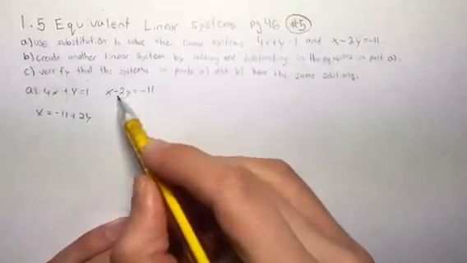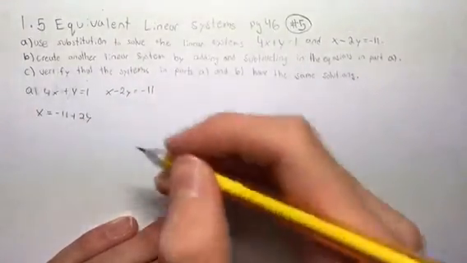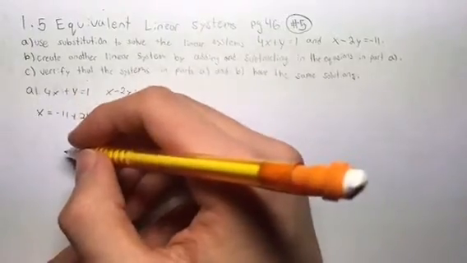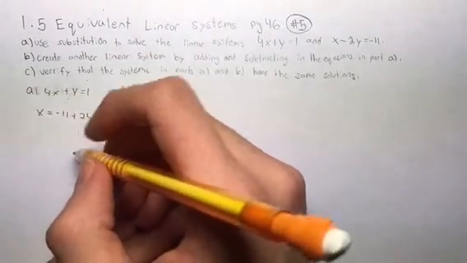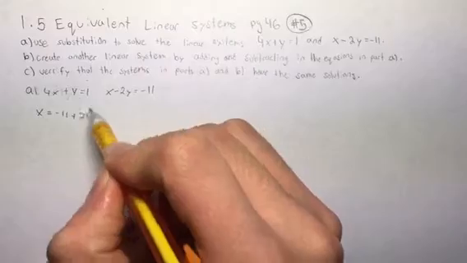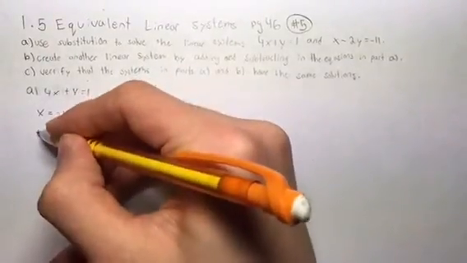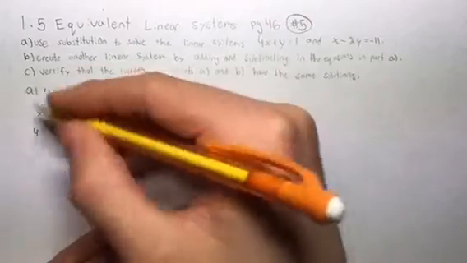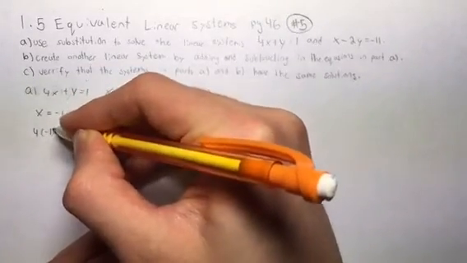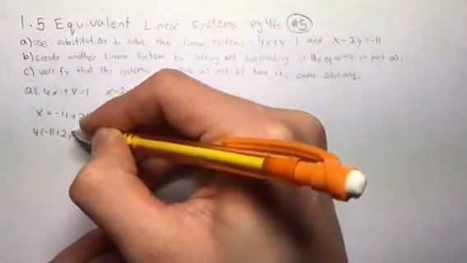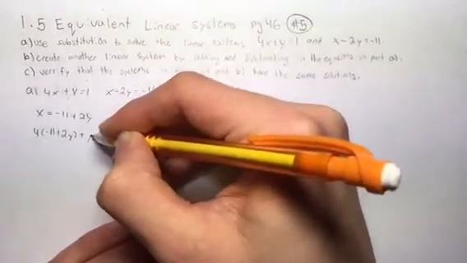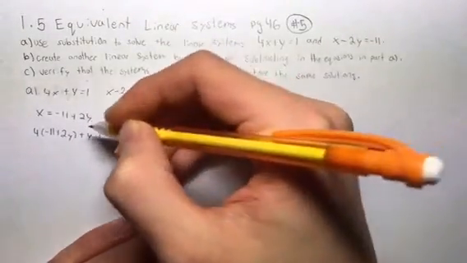Because this negative 2 changes when it goes to the other side of the equal sign. So x equals negative 11 plus 2y. And now we have to substitute this into our second equation over here. So 4 and then x, which equals negative 11 plus 2y, plus y equals 1.